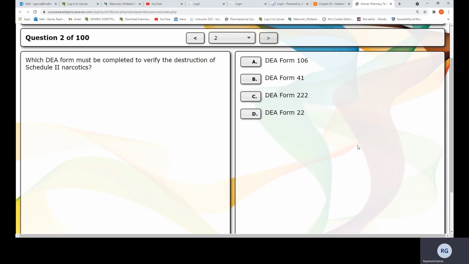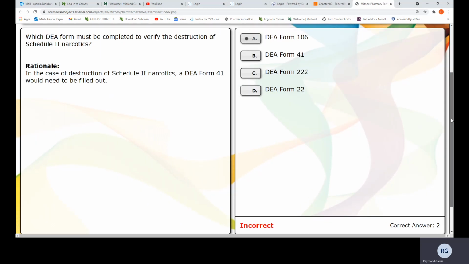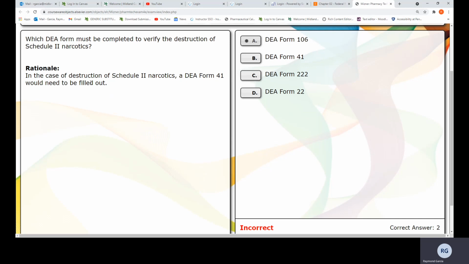Let's see. Nope. We're both wrong. In the case of destruction of Schedule 2 narcotics, DEA Form 41 would need to be filled out. So it's DEA Form 41 for destruction of narcotics.